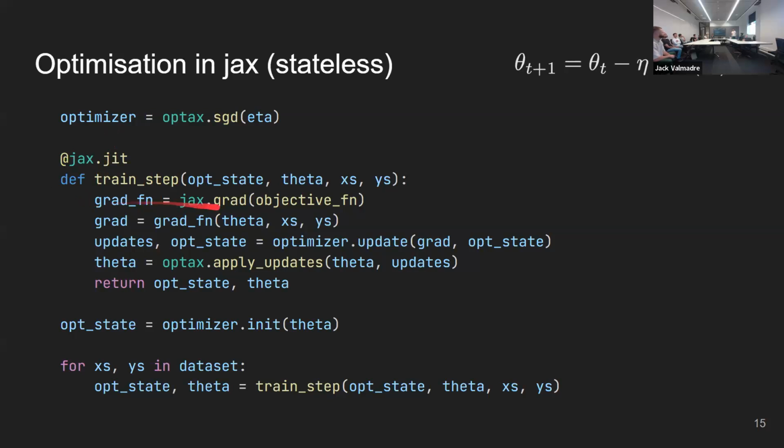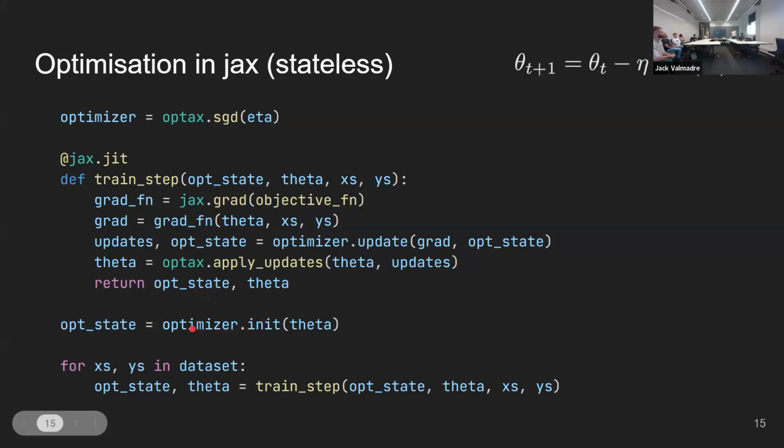So we get the gradient function, evaluate the gradient function, then we call optimizer.update, and this takes a gradient and an optimizer state, because the optimizer itself has some memory of the previous steps. That's the same in PyTorch, it's just hidden. So we update the optimizer state based on the gradient and also get some updates. Then we apply the updates to theta to get a new theta, and we return the new optimizer state and new theta.